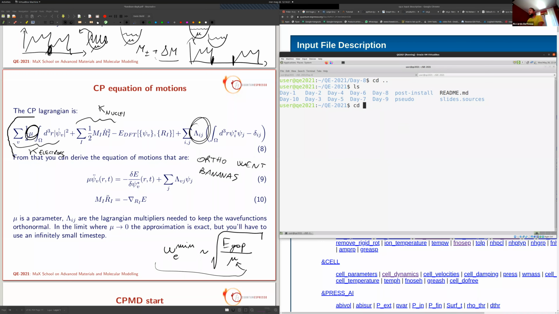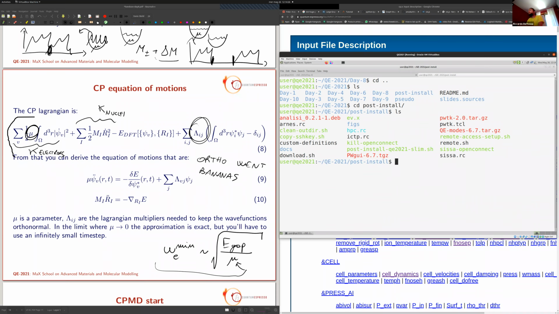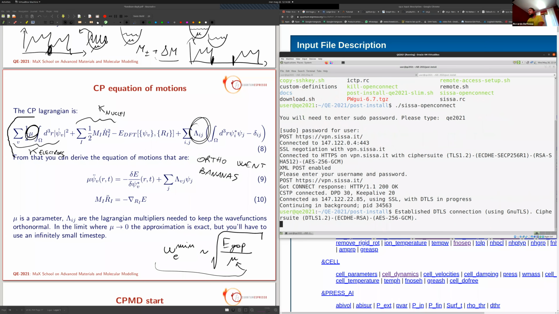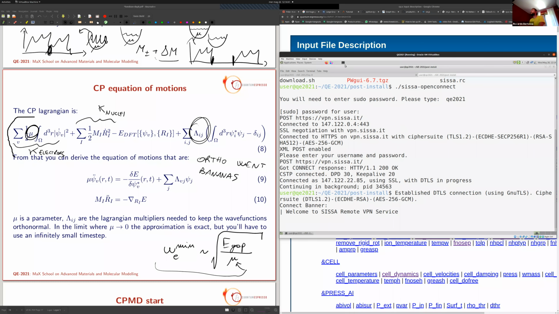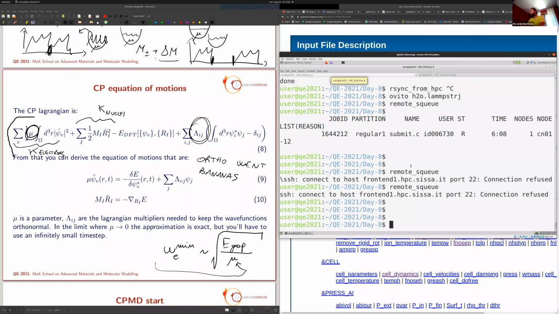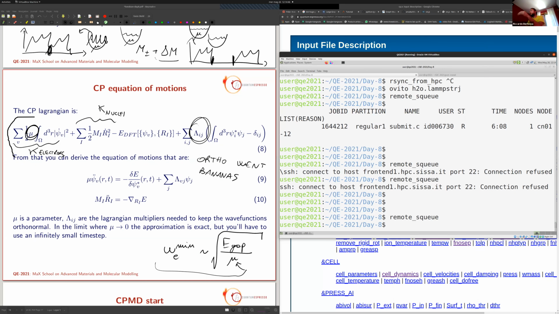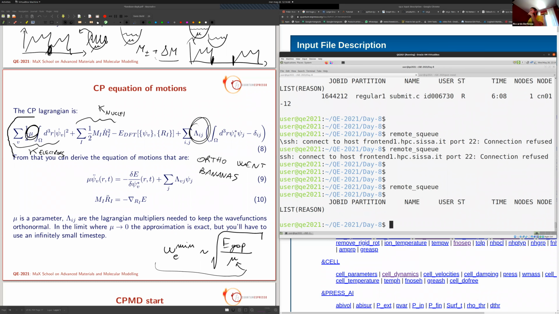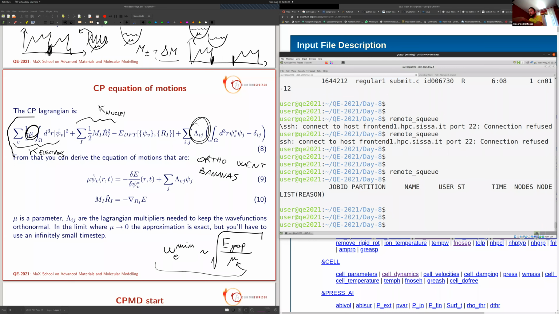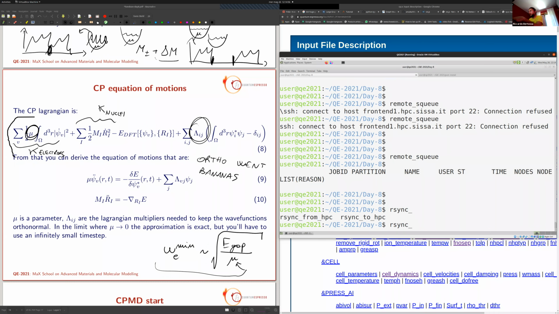No, it is in the post installed directory. Now I don't know why in my host computer it does not work. Okay, it works. Now we're seeing everything before the VPN stopped working again.